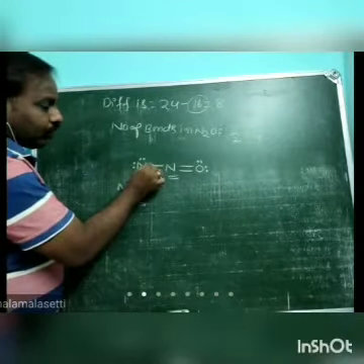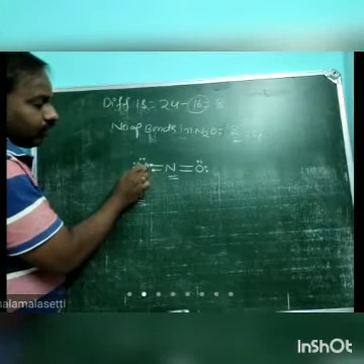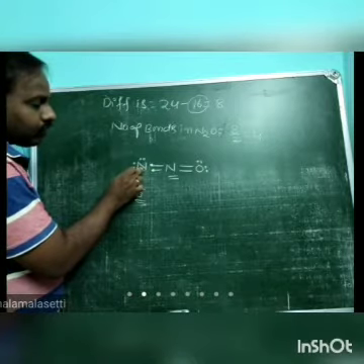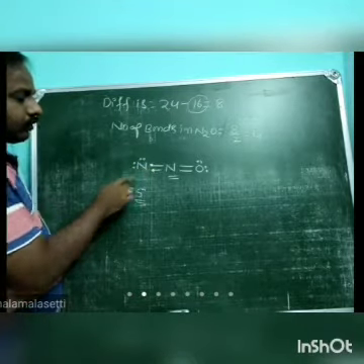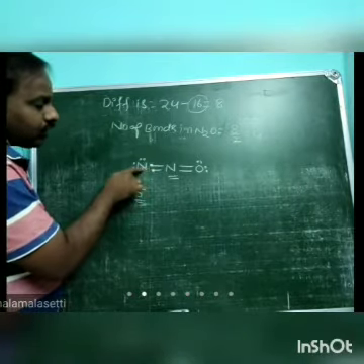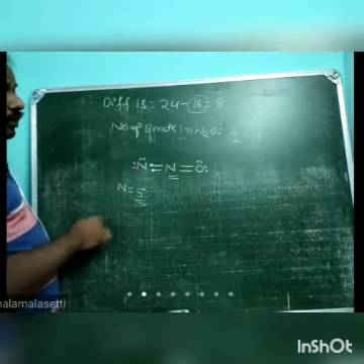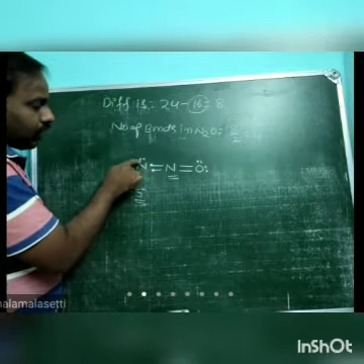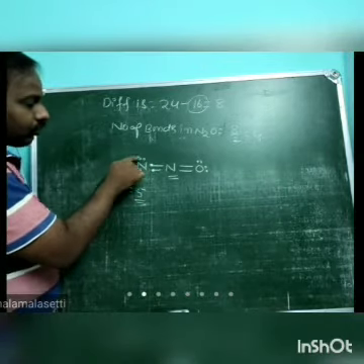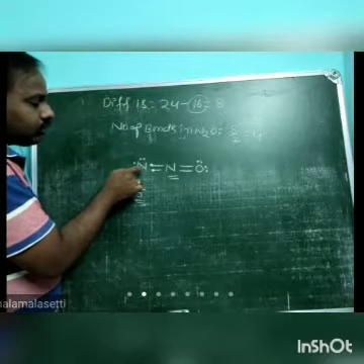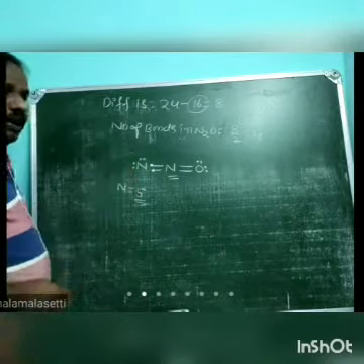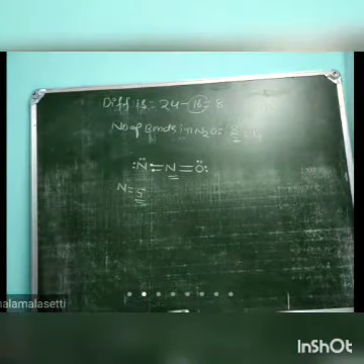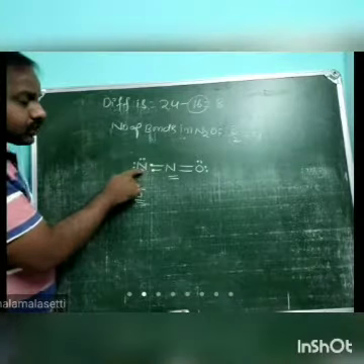Here, in this bond, one electron belongs to the nitrogen, another electron belongs to the nitrogen. These 2 electrons are donated by this nitrogen atom. So here nitrogen has 2 electrons in this bond, and here 2 electrons, here 2 electrons. In total, how many electrons belong to this nitrogen only? 6 electrons.